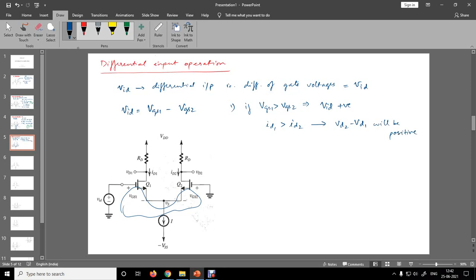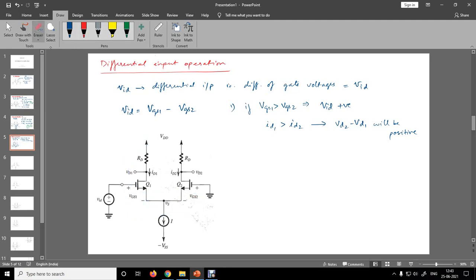Okay, important point. If ID1 is greater than ID2, VD2 will be greater than VD1, because, remember, if you take one wing, this is actually one common source amplifier. All right, polarity will be opposite. So more VGS, less VD. So VD2 will be greater than VD1. So the difference will be positive. That is what I meant, right?